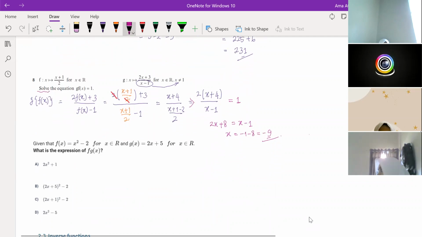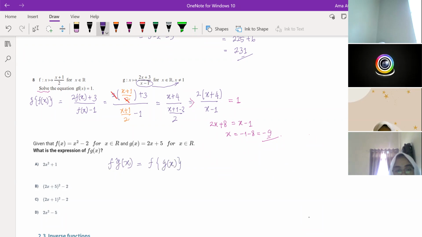Given that f of x equals x squared minus 2, g of x equals 2x plus 5, find the expression of f of g of x. f of g of x means we are going to insert the function of g into f.